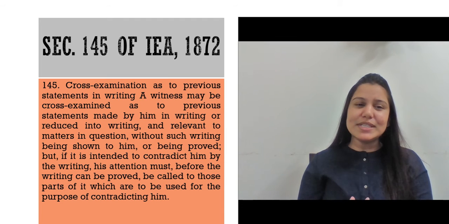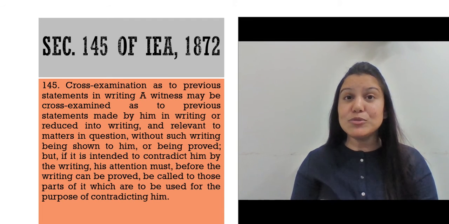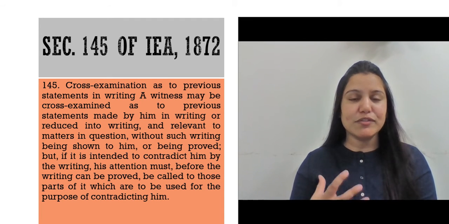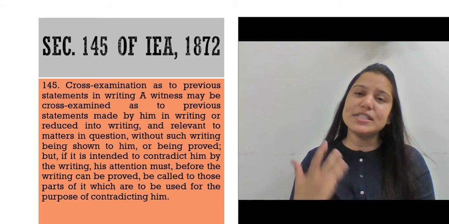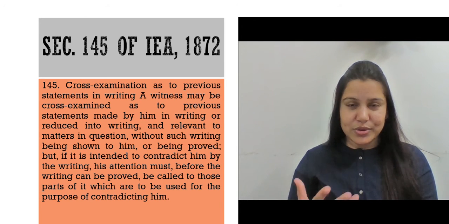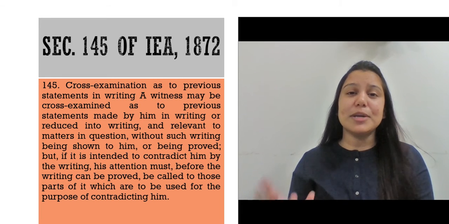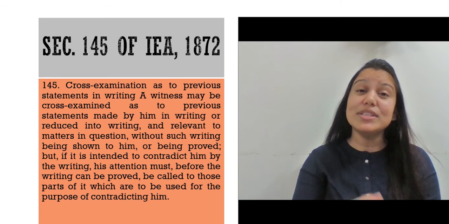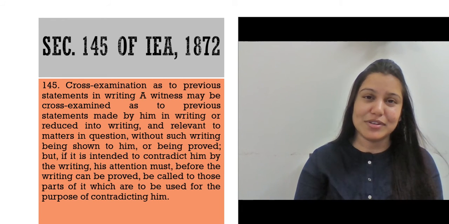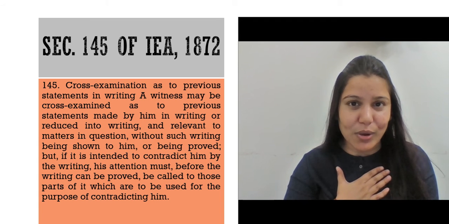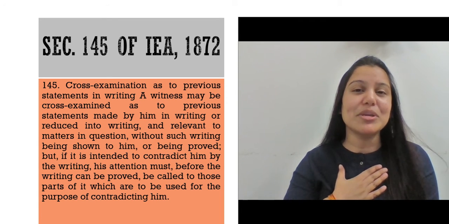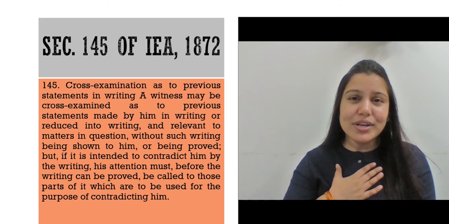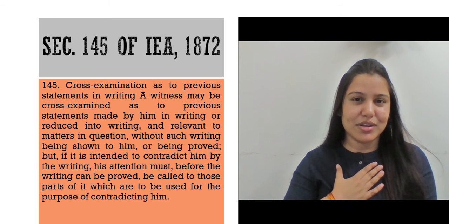So this very simply says that if it comes to any previous statement, if a witness in the same proceeding has stated something, then later on that person can be cross-examined on the statements given by him. For say, if I state something now in a proceeding, then later on I can be cross-examined on the statements which I have given, right?